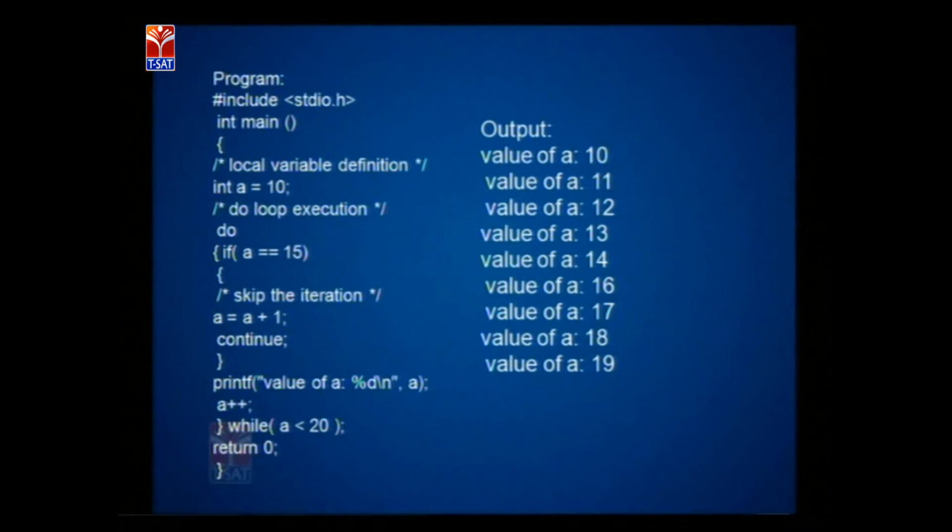Then if we place 15 for a in the incrementation process, 15 plus 1 becomes 16, and then 17, 18 and 19. So the values from 10 to 19 except 15 will be the output.